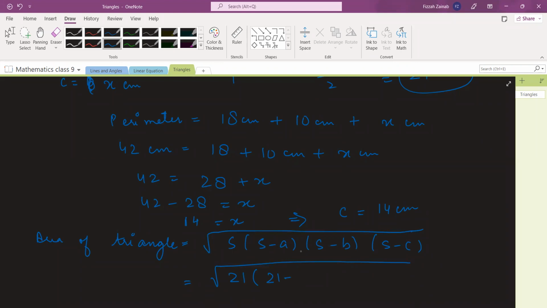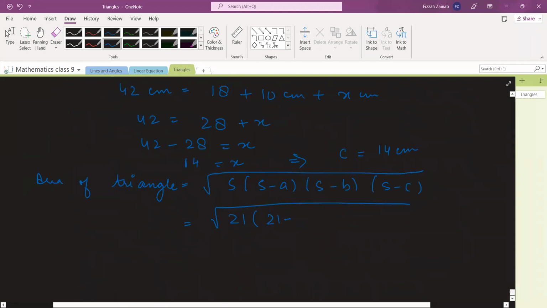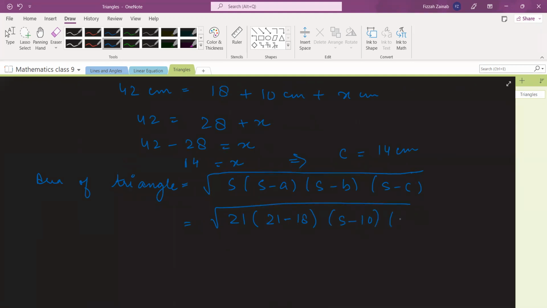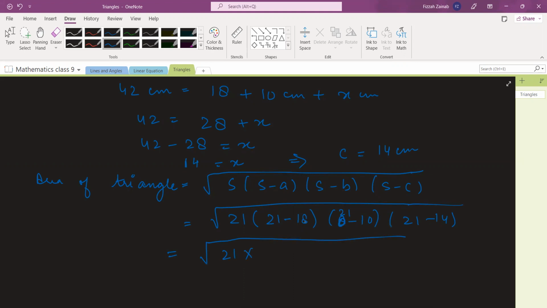okay, one side is how much? 18. No, what was my A? A is 18, B is 10. Okay. So A is 18, B is 10, and then, oh sorry, 21 minus 10 and then 21 minus 14, right? So this is under root 21 multiplied by 21 minus 18, which is how much? 19, 20, 21.